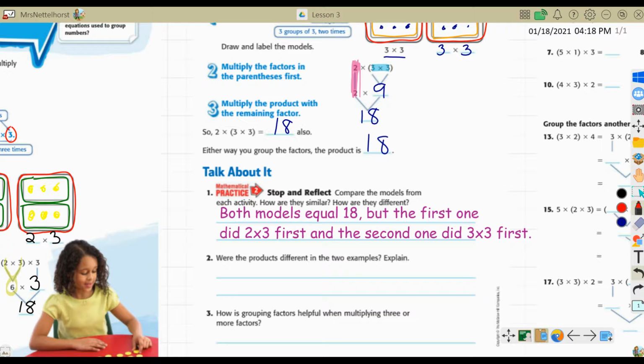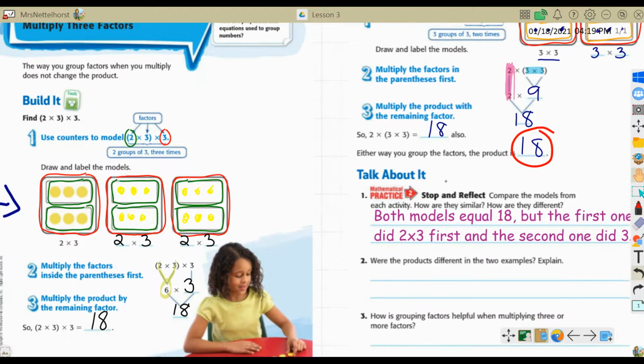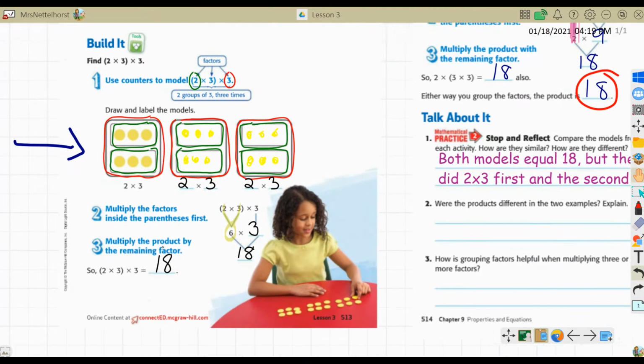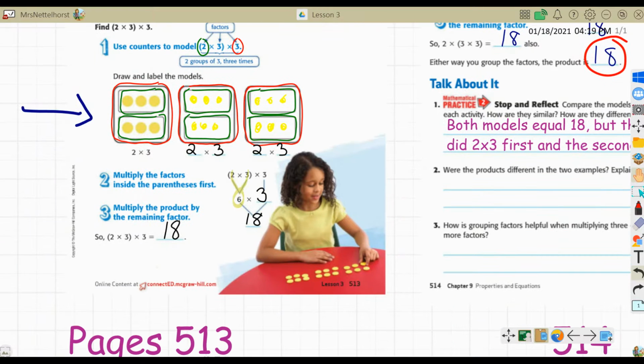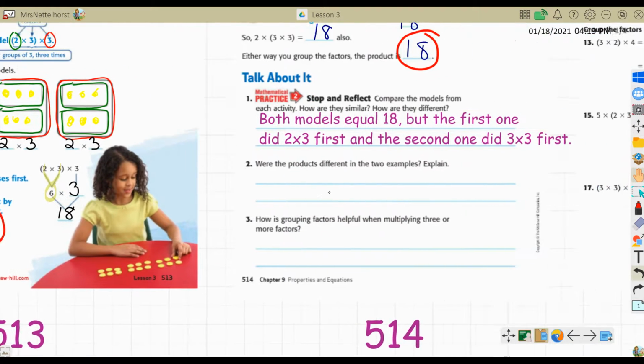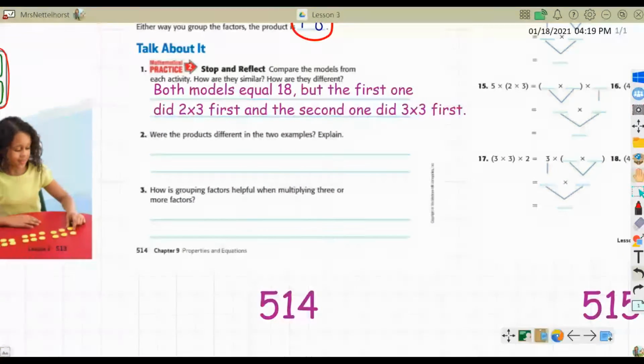And the product in this one was also 18. So were the products different in the examples?